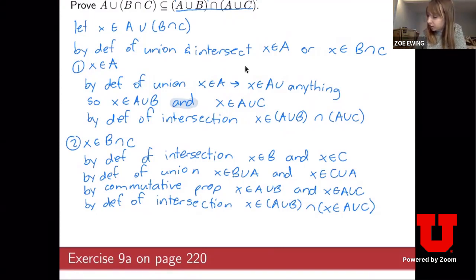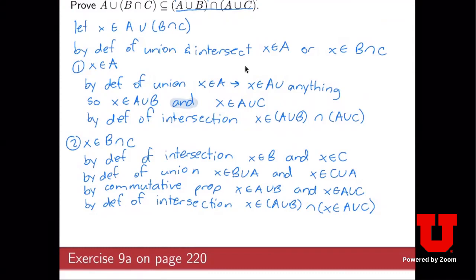I was just trying to go a little bit quicker, but if X is in A, then X is in A union anything, right? By definition of union, as long as it's in one of them, then it's going to be in the union of both of them. So it's a similar property that we used in the first case.